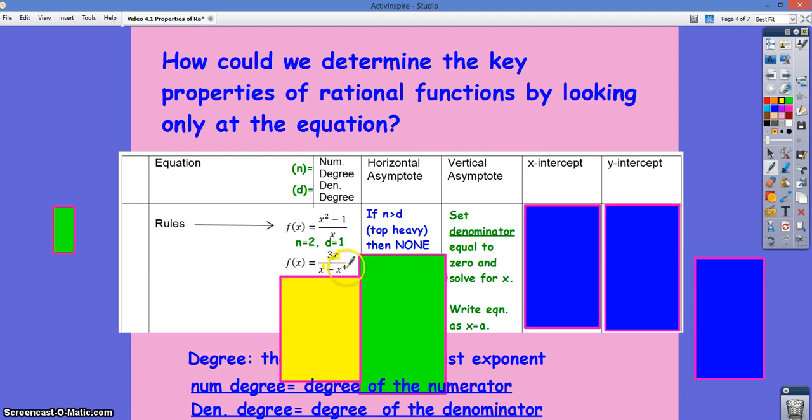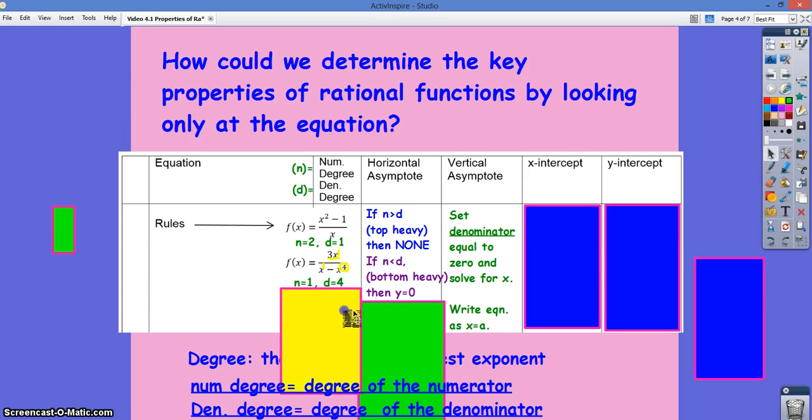This negative x to the 4th has a degree of 4. So obviously the 4 is greater. So my d equals 4. And this is the case where n, the degree of the top, is less than the degree of my denominator. Okay, this is bottom heavy. And in this case, we will get y equals 0 as our horizontal asymptote.